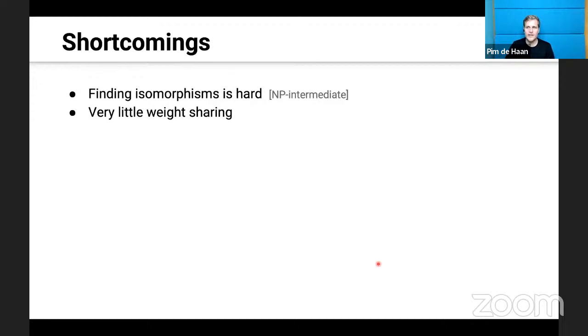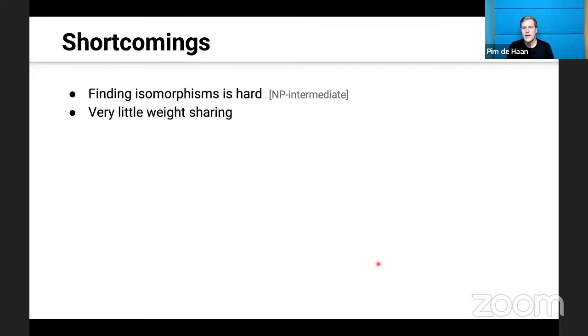So this is all very nice in theory, but there are some practical shortcomings if you would try to implement something in practice. First of all, it depends on the isomorphisms and the automorphisms of graphs, and this is a very computationally costly problem. So you may not want to do this in practice.